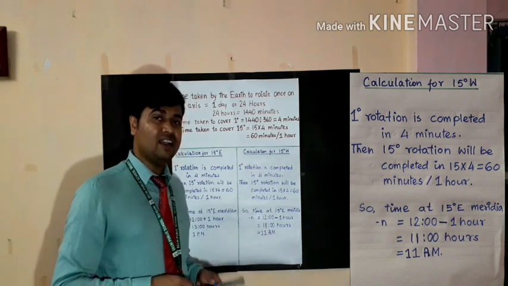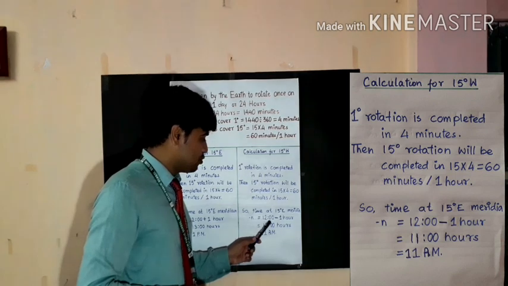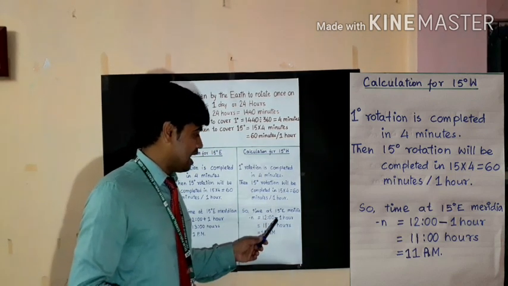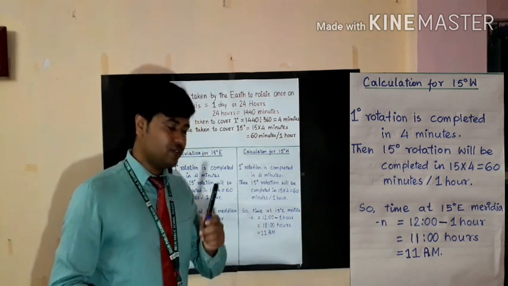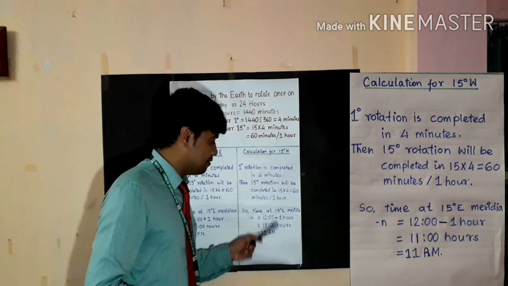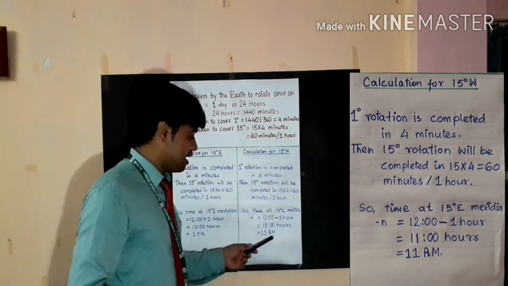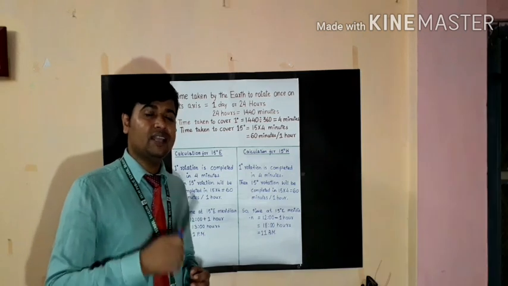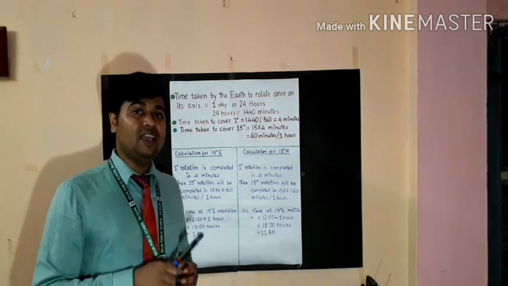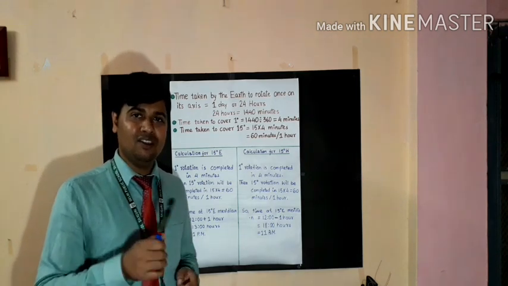So, the time at the prime meridian is 12 noon, that is the time of Greenwich, and we will subtract 1 hour. So, the time will be 11 hours, that is 11 am. So, in this way, we can calculate the time of any place with the help of longitudes.